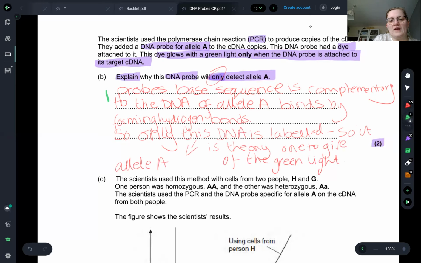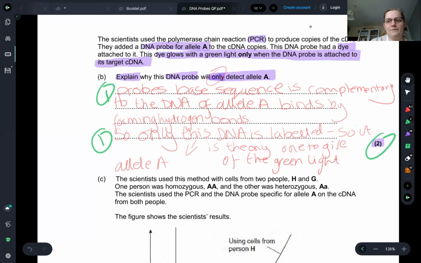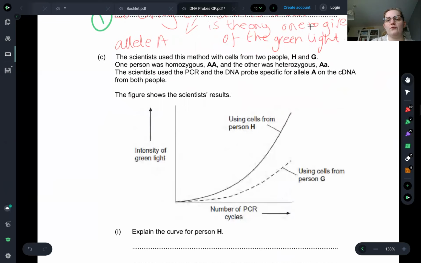And that is your explanation point there. So what a probe is, it has that complementary base sequence, and they bind together. Because they do this, that probe is only going to be attached to that DNA, so it's only going to be that DNA that's going to fluoresce, or in this case, give off a green light. So that is the second part of that question. Then it goes on to show us some results.